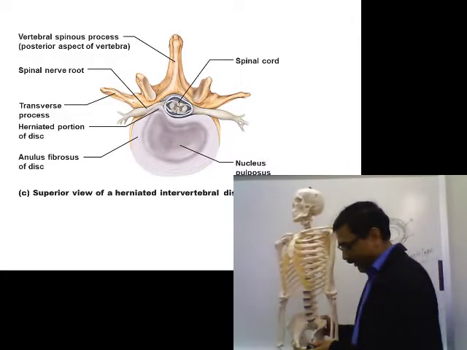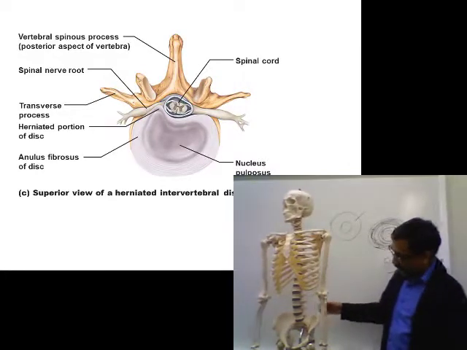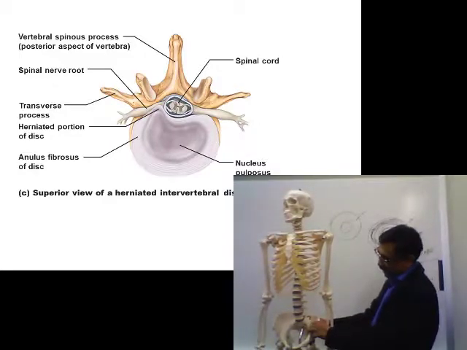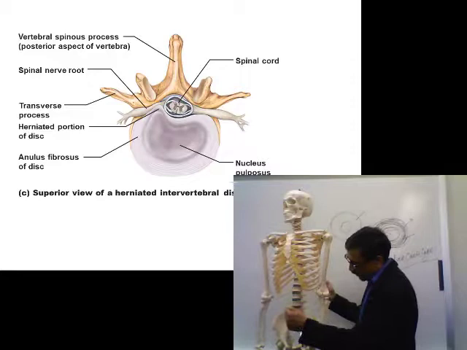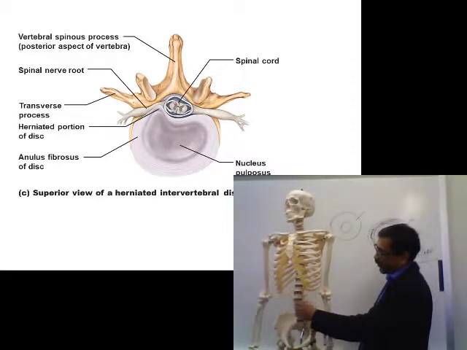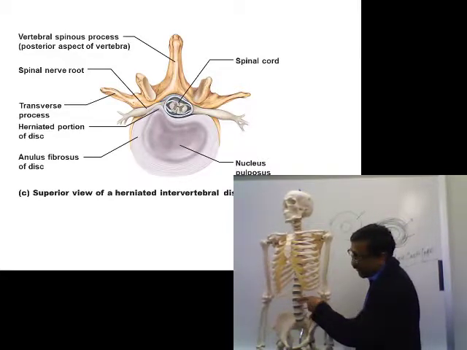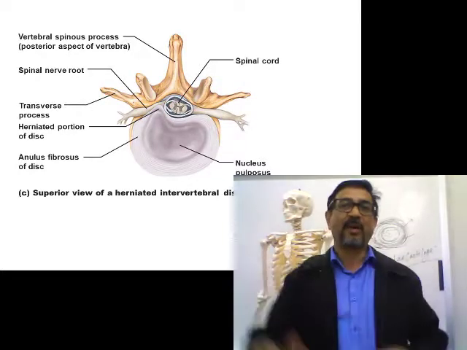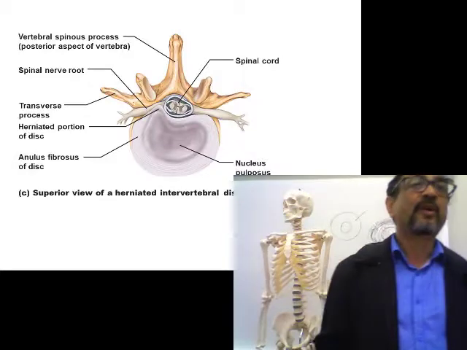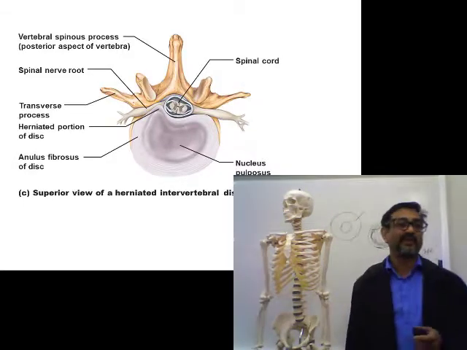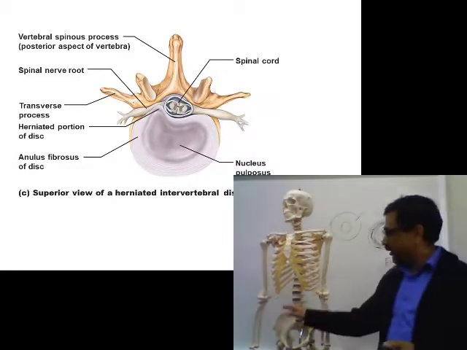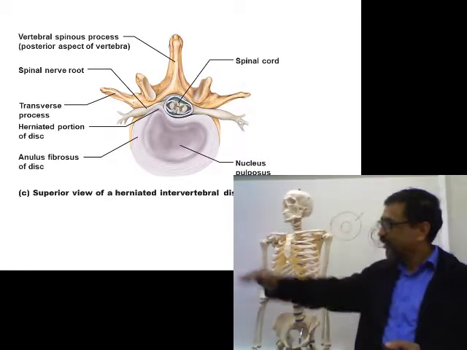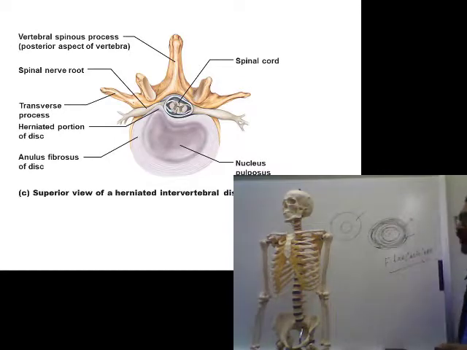Sometimes what can happen, you see, if any pressure from the wrong direction hits the vertebral column, what can happen? The intervertebral disc can slip out, and that is called a herniated disc or slipped disc. So dislocation of the intervertebral disc, part of it may pop out or come out.